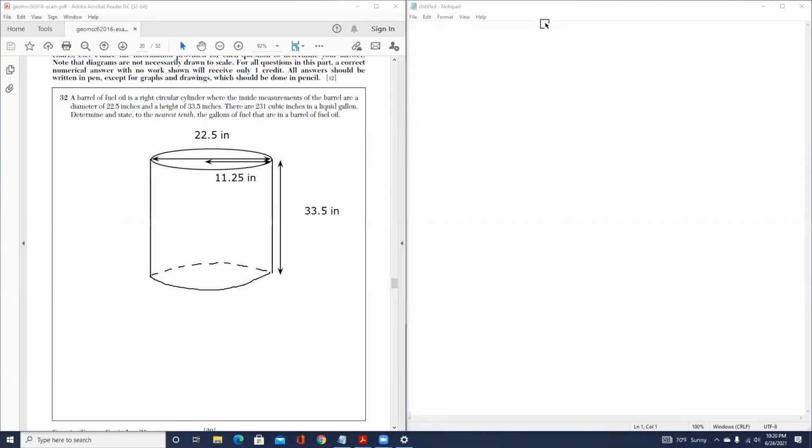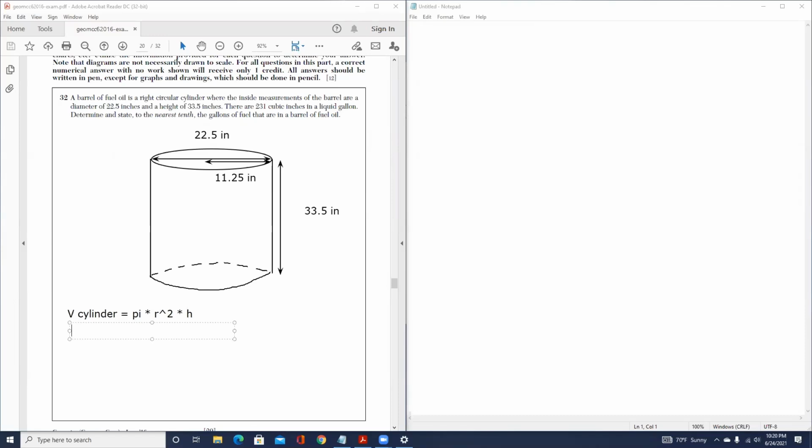We know that the formula for the volume of a cylinder is pi times r squared times height.